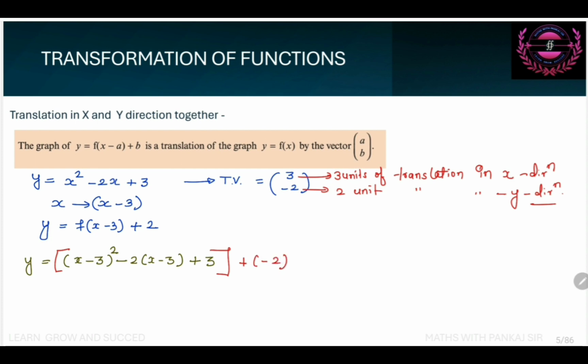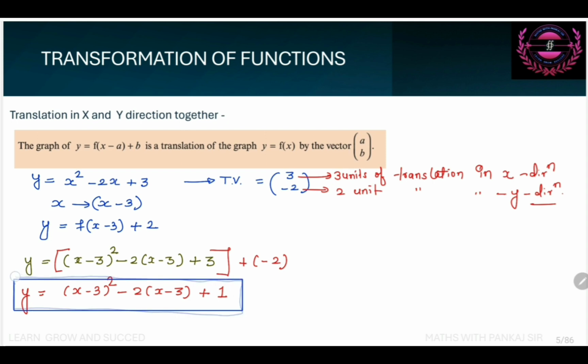So my function is now (x minus 3) whole squared minus 2(x minus 3) plus 3 minus 2, which is plus 1. So this is my graph after translation in the x and y direction with translation vector (3, minus 2).